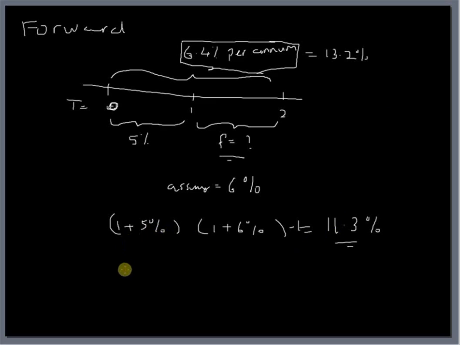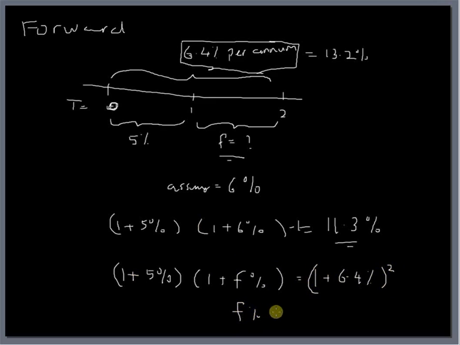So the formula to calculate such a rate is as follows: 1 plus the 1 year rate, which you know, multiplied by 1 plus the forward rate, which you're trying to find out, must be equal to the rate that you currently know for the full 2 years, 1 plus 6.4% to the power of 2. So you simply work out this whole equation to obtain F, and eventually you obtain F to be equal to 8%.